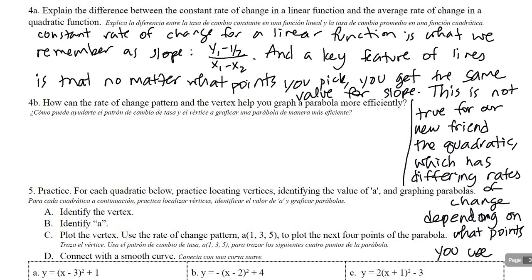And that difference turns out to be something that comes up a little bit in calculus.